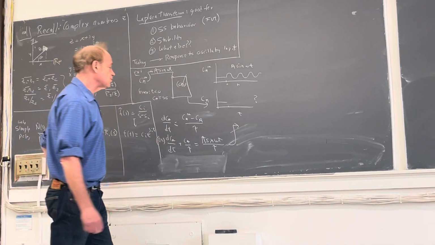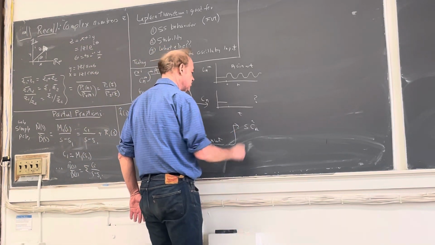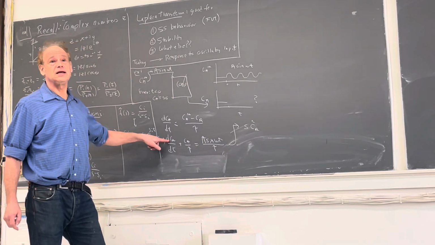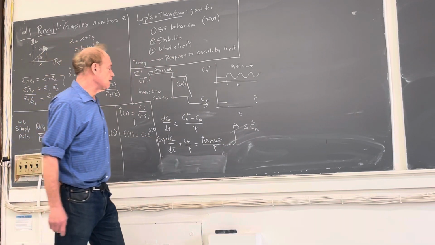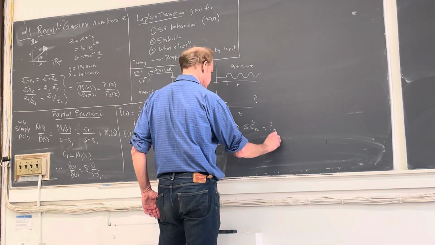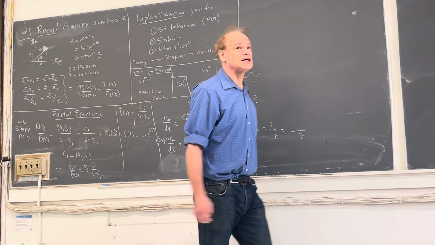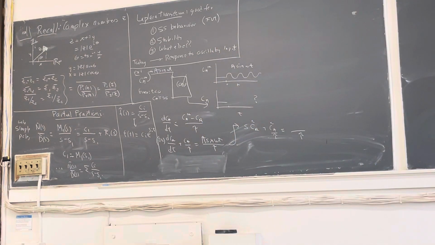If I Laplace transform this, I get s CA tilde, because that's the Laplace transform of that, plus CA tilde over tau is equal to 1 over tau times the Laplace transform of sine. So if I go to my handy dandy sheet, which you should all have, why doesn't someone tell me what the Laplace transform of sine is?